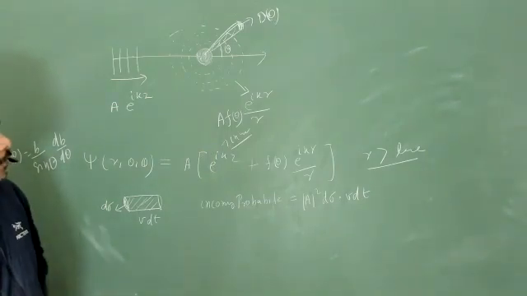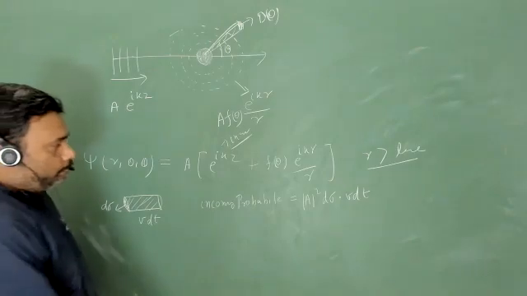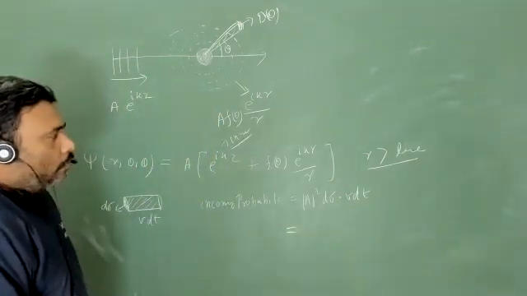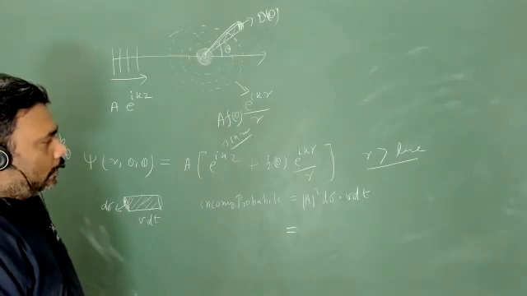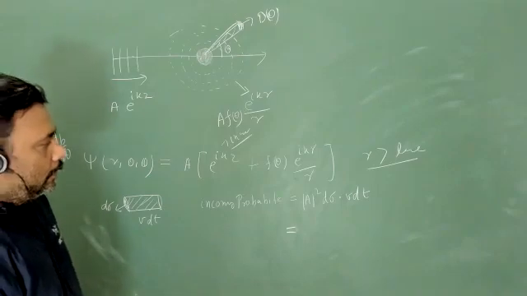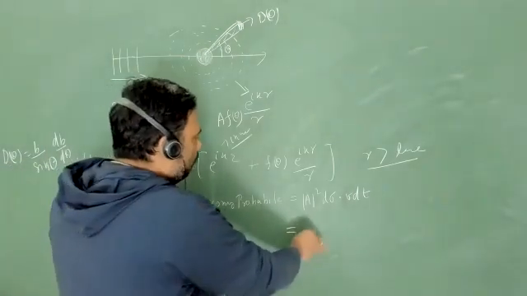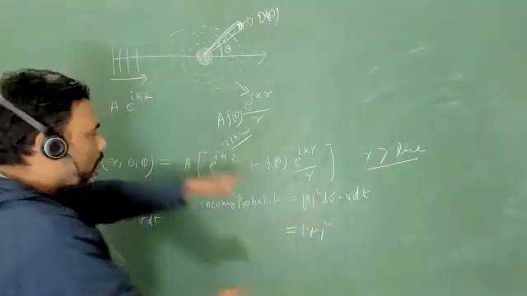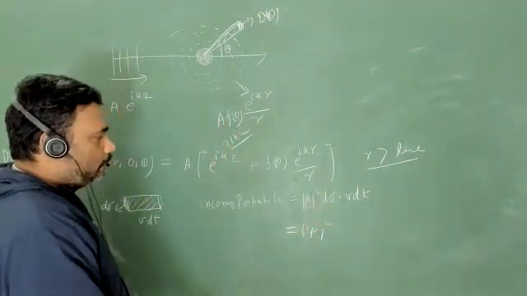Now, what will be your scattered particle? For the scattered particle, we have to write mod psi square. This is also mod psi square for the incoming, so I am writing directly mod A square there.